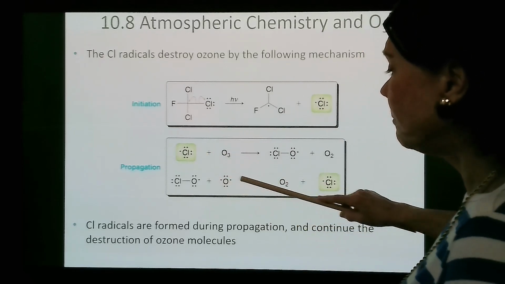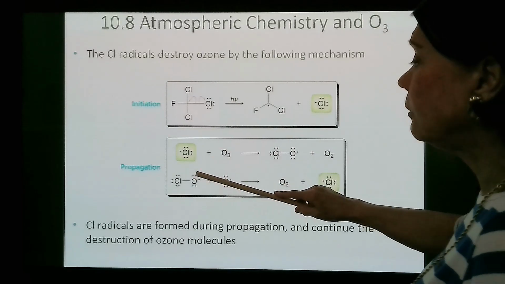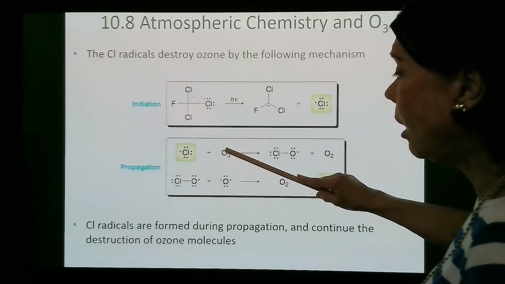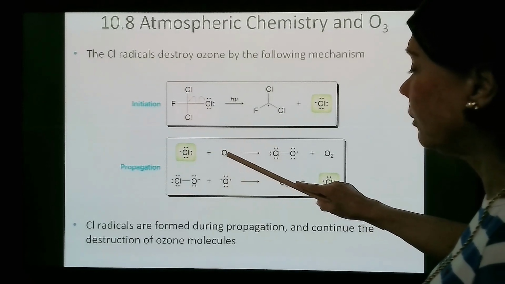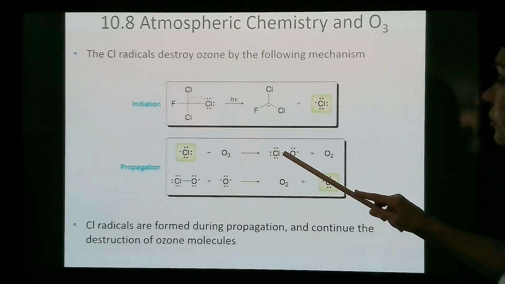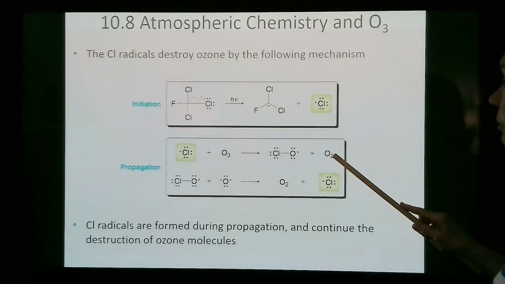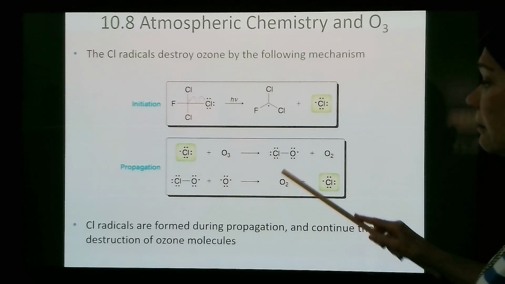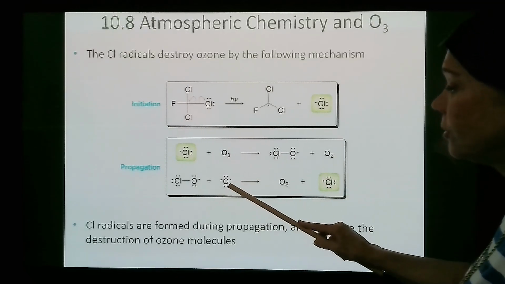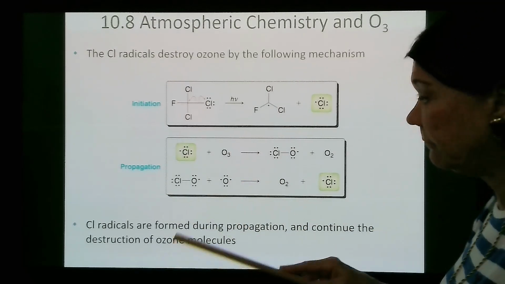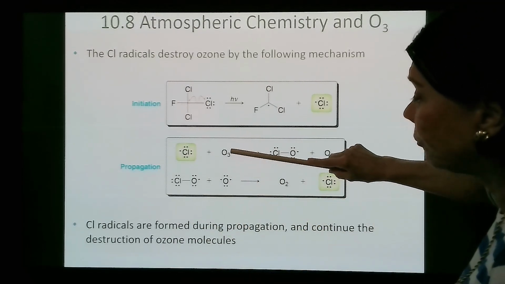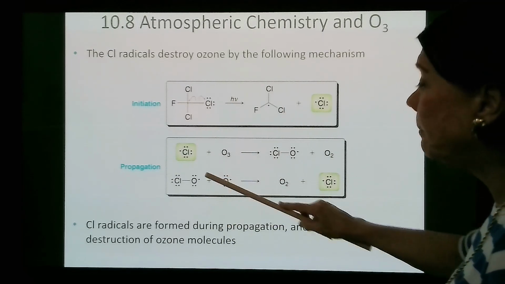And here is the mechanism by which they destroy ozone. Remember I said to pay attention to the O3. Okay, so now we have Cl dot reacting with O3 to give you ClO plus O2. And then the ClO reacts with the atomic oxygen that I told you to pay attention to a couple of slides back. So we have both O3 and the atomic oxygen being reacted here.